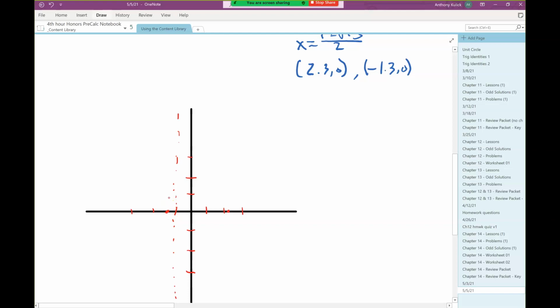And then 1/2 and negative 3.25. So there's that.